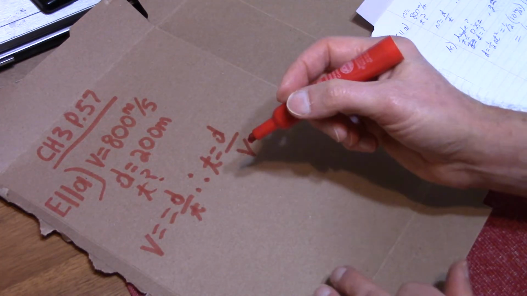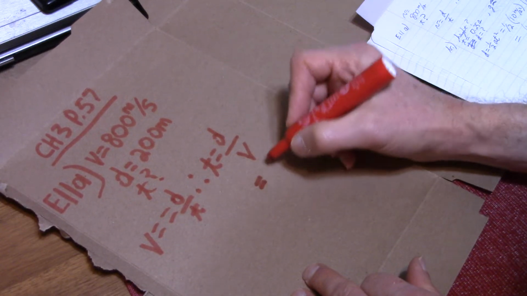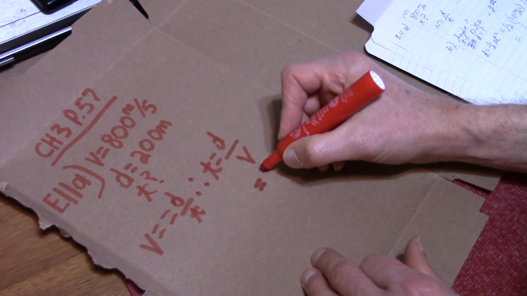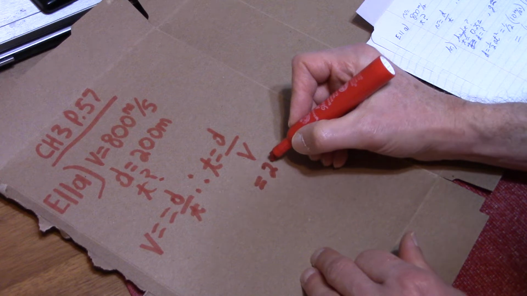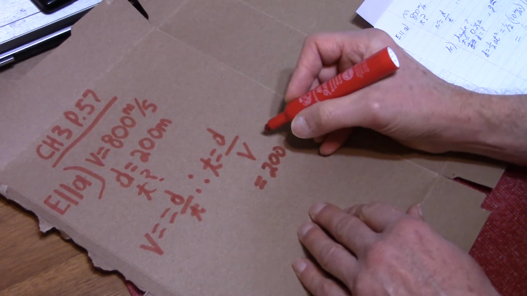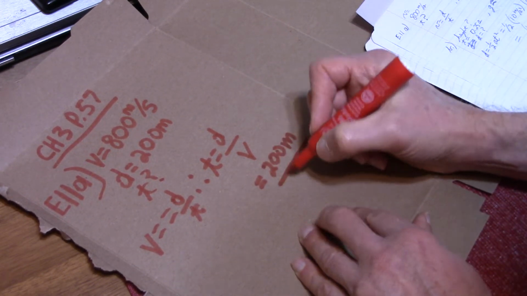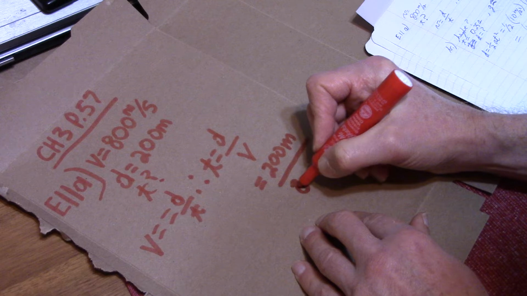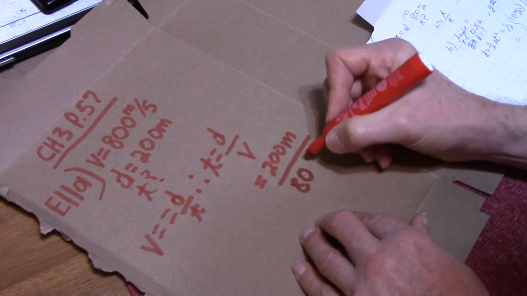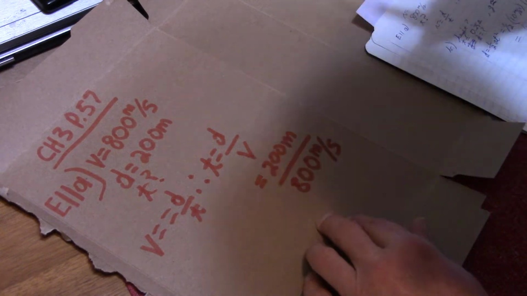Okay? And in this case, your distance is 200 meters divided by 800 meters per second.